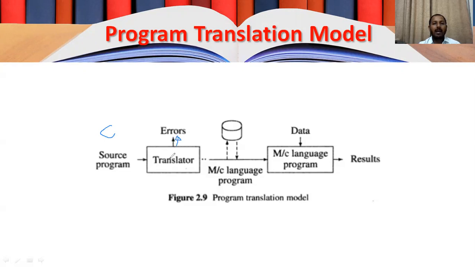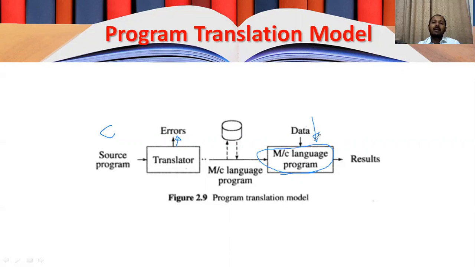Consider an example where we are doing addition of two numbers and both numbers are taken from the program itself. The translator will translate it into machine code. Now this program will be loaded into the main memory for execution, and first it will prompt: enter first number. So it is waiting for the data. Enter first number, enter second number.